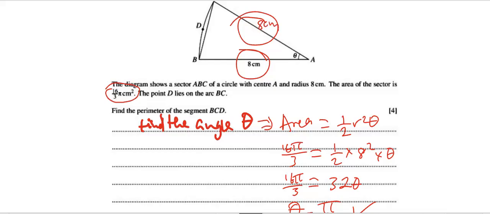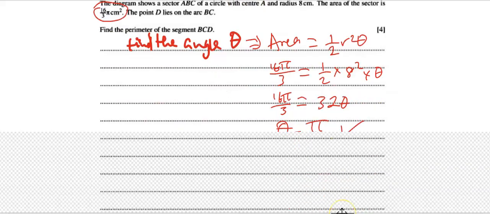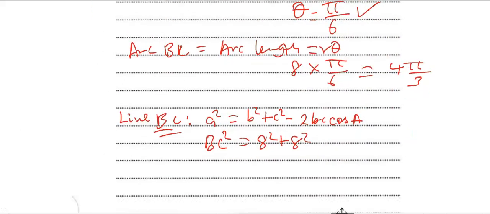If it is also 8 centimeter, that implies that we're going to have BC squared equals 8 squared plus 8 squared.